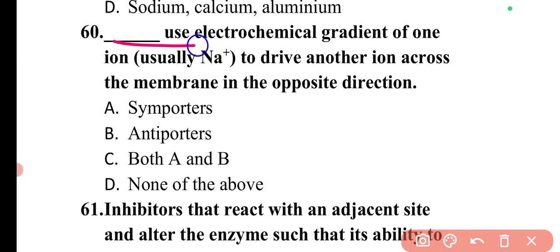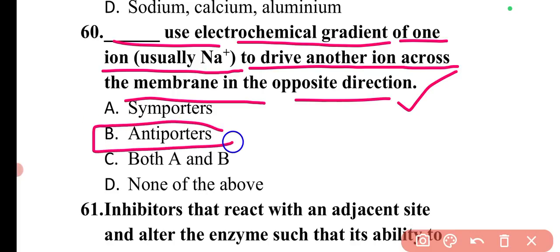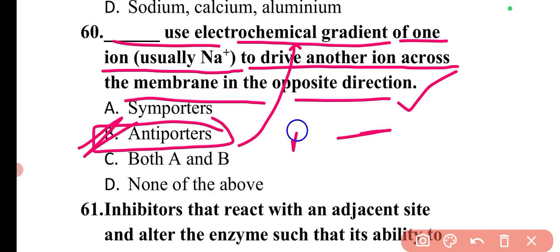Next question is dash use electrochemical gradient of one ion, usually sodium ions, to drive another ion across the membrane in the opposite direction. So basically, these are the antiporters which are using the electrochemical gradient of one ion to drive another ion. Like basically, there is a movement of one ion from one place to another place.